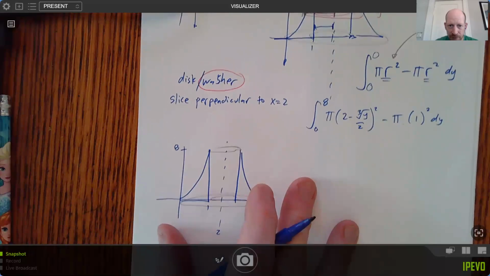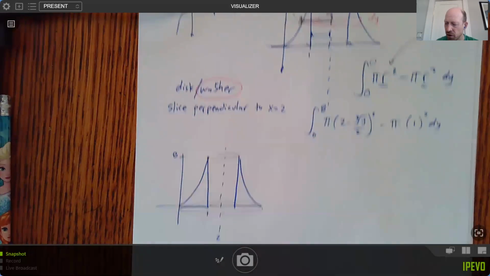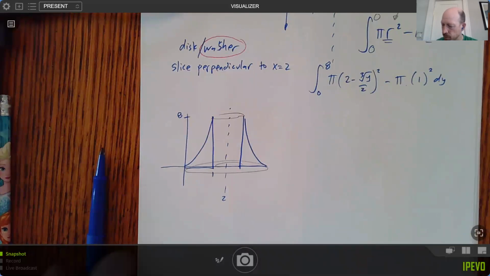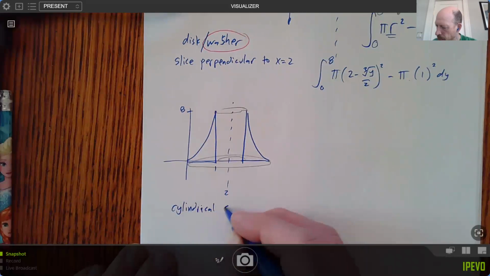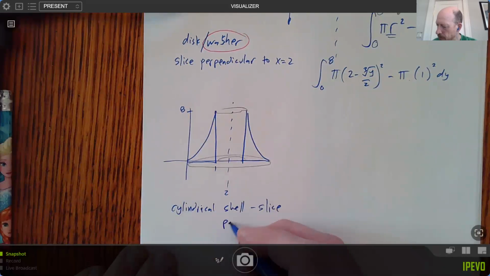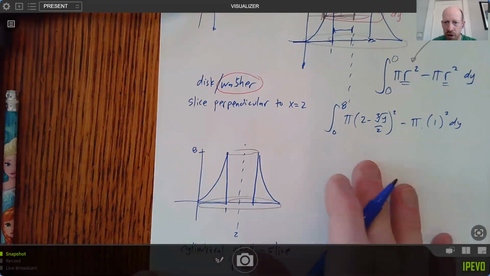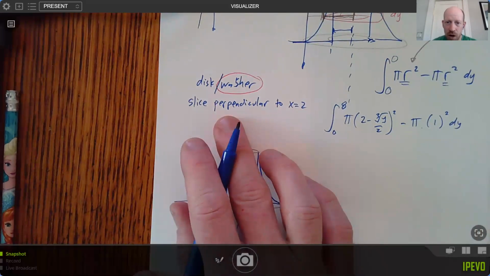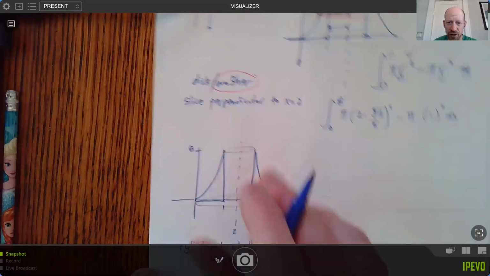So you'll notice right above that, if I want a disc or a washer, I have to slice perpendicular. For a cylindrical shell, we slice parallel. So for the same shape here, if one of these is going to be dy, which we found was the washer, then automatically the other is dx.